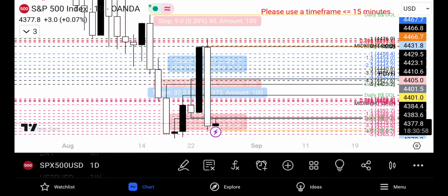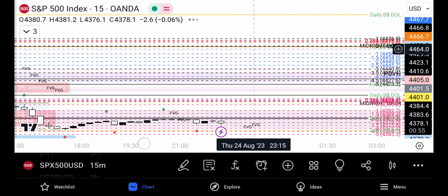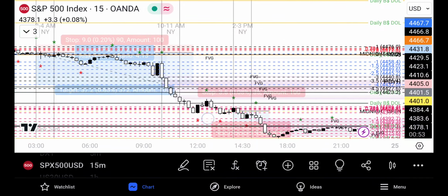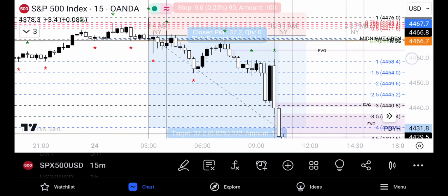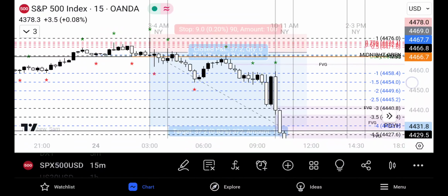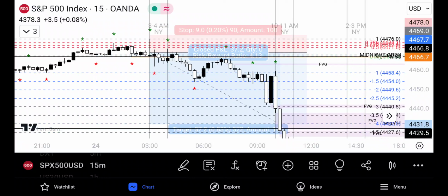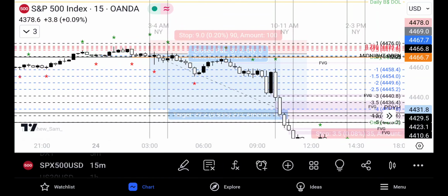If I hop over here on the 15-minute, you can see it is this trade right here. You guys are just gonna have to believe me, I'm not gonna show the MetaTrader, but anyway, I took that silver bullet setup over here.